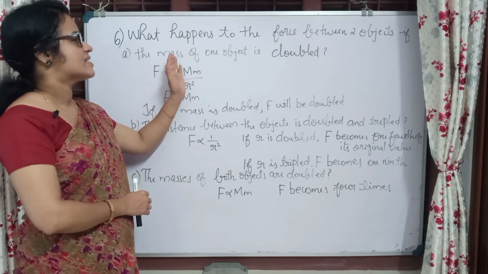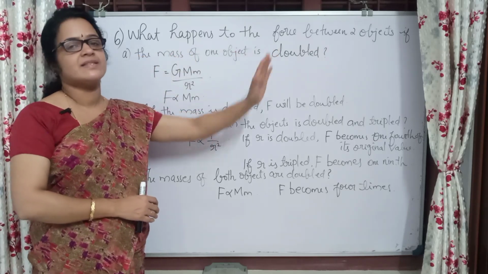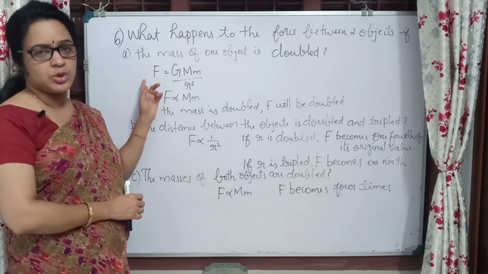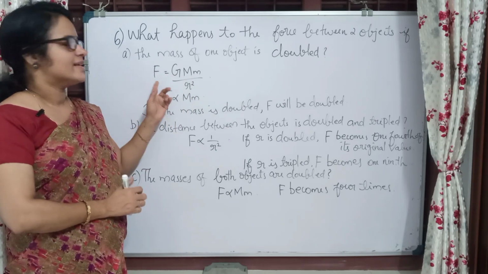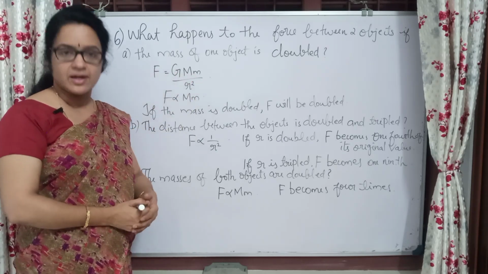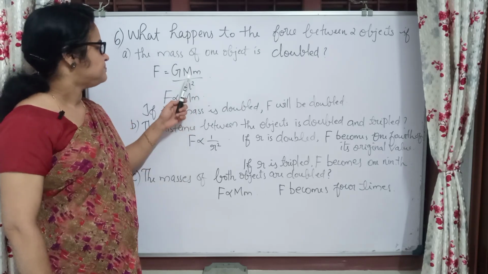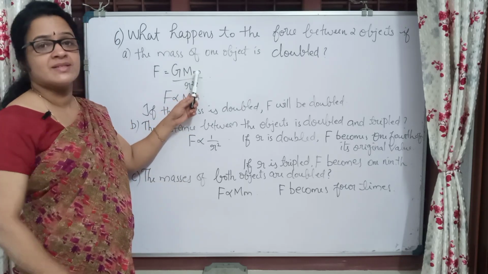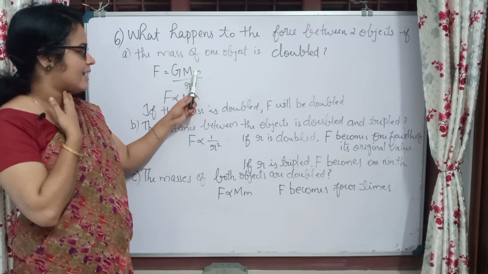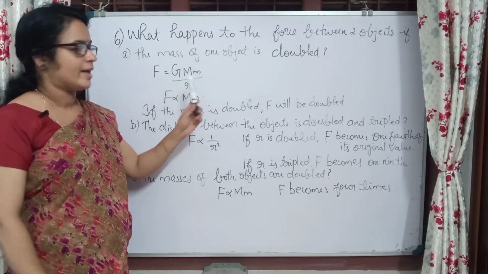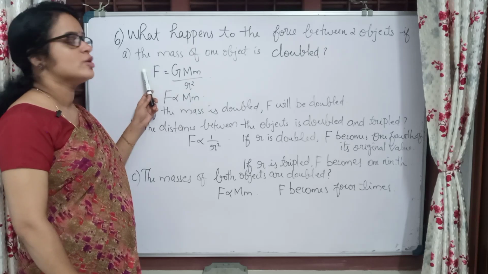In the first case, we can see the mass of one object is doubled. Here we have the equation for finding the force, that is F is equal to G M m by r square. Right. Here only one mass is doubled, so suppose m is doubled to 2m. Then what will happen to the force here?